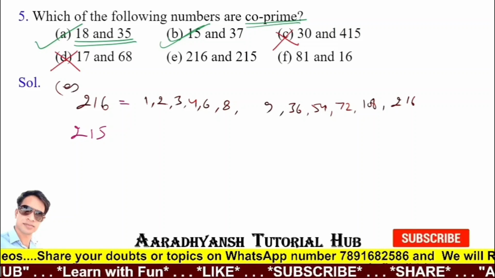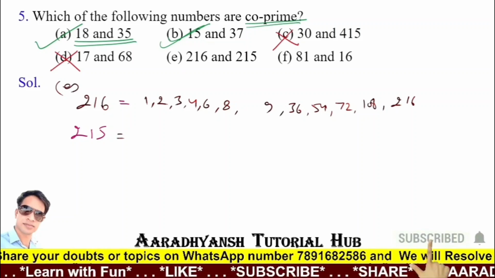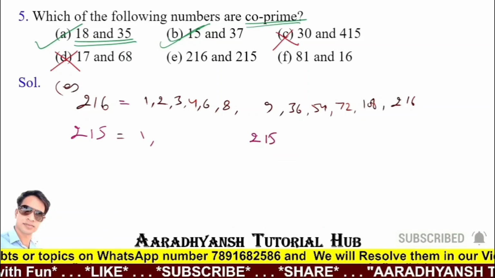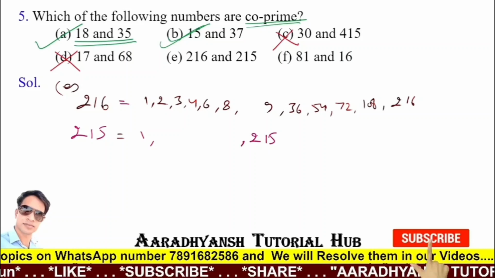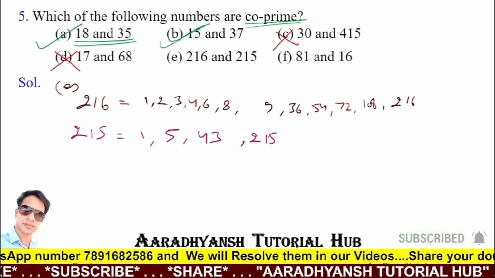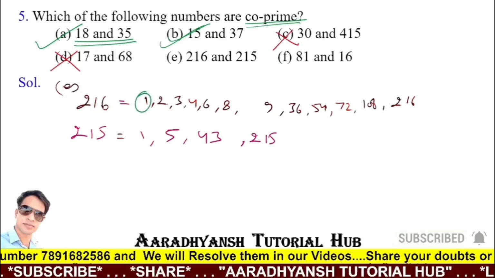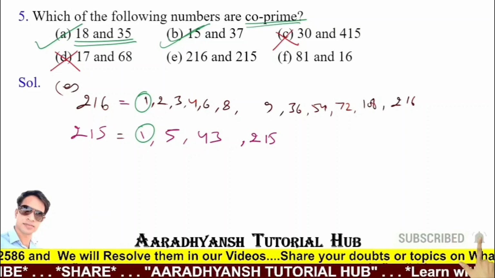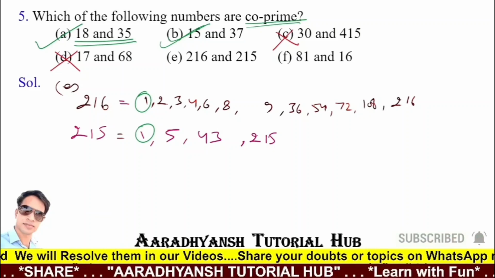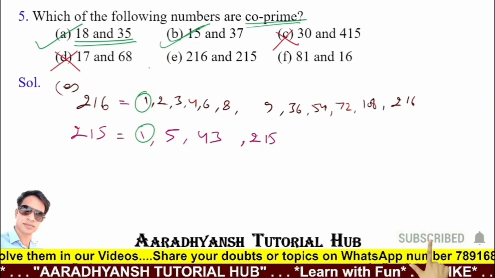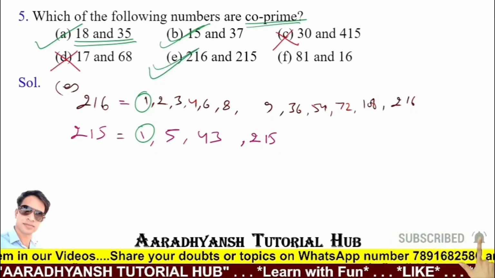Okay, so these are factors of 216, and the factors of 215 will be 1 and 215 and 5 and 43. So you can easily find that there is only one factor common between 216 and 215. So that's why we can say 216 and 215 are co-prime numbers. Okay, so E is also right.